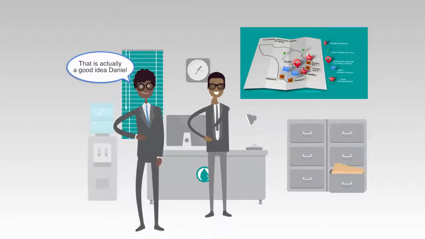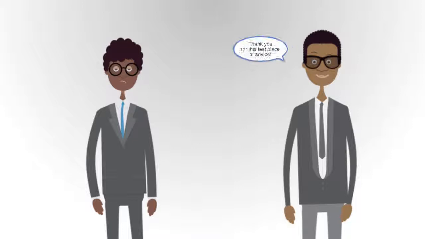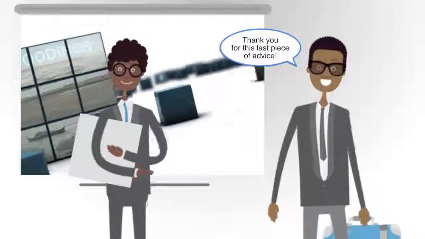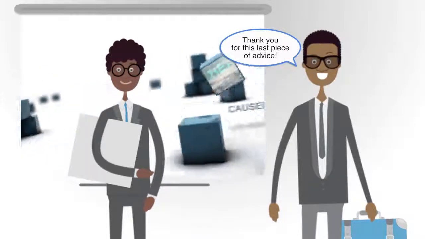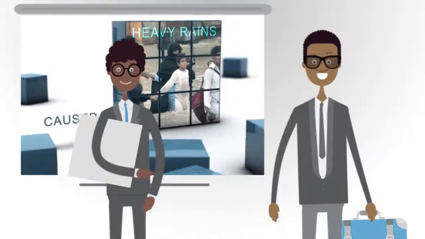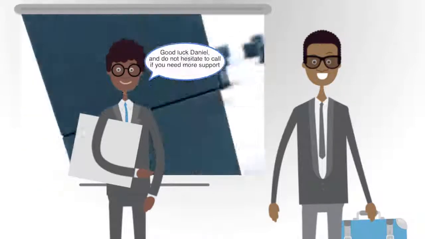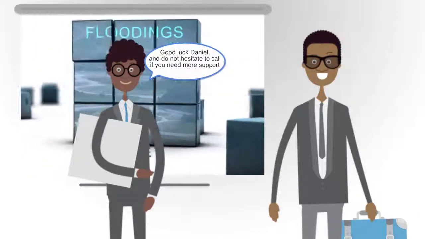You should liaise with the OCHA on this initiative, as an intercluster CP will always be more efficient. Thank you for this last piece of advice. Point taken. I will now prepare the outline of the response plan, based on the platform assessment findings. Good luck, Daniel, and do not hesitate to call should you need more support.